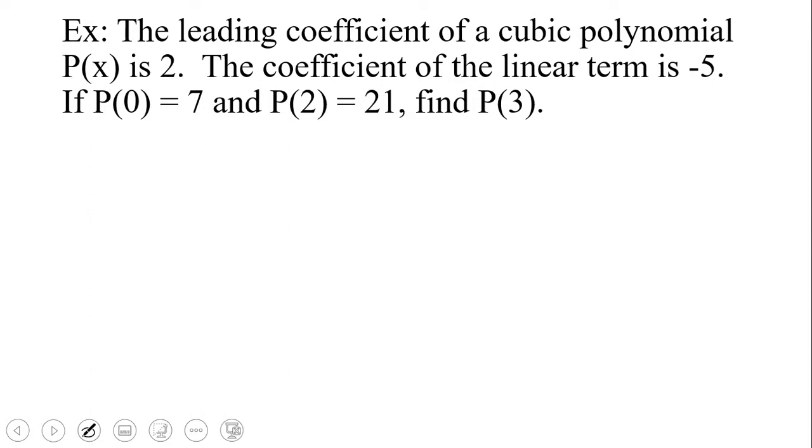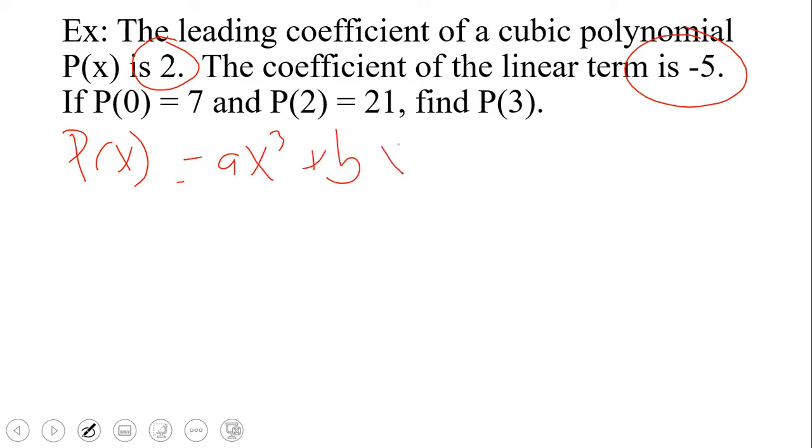So p of x is a cubic polynomial that has a leading coefficient of 2 and a linear coefficient of negative 5. To start off, I know that my polynomial is going to be ax cubed plus bx squared plus cx plus d.